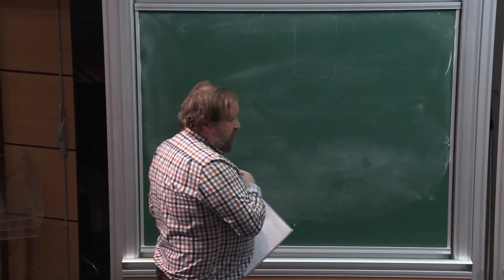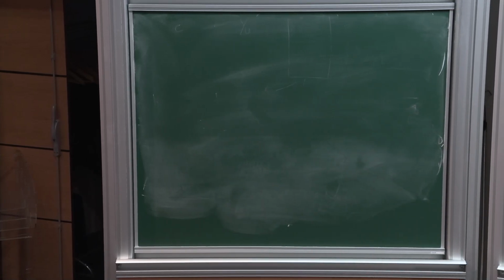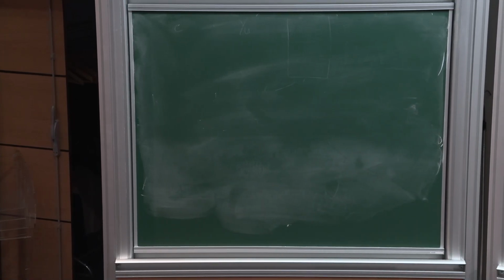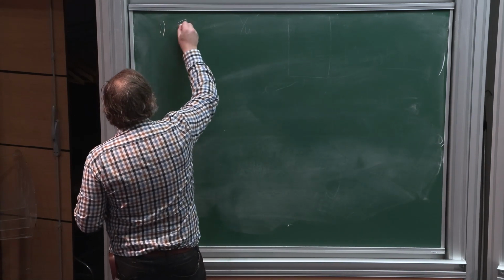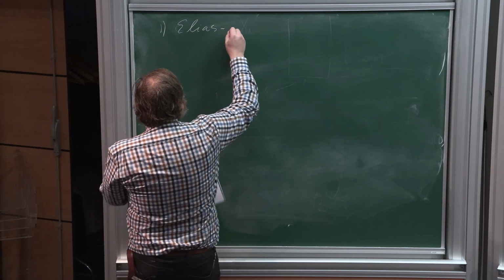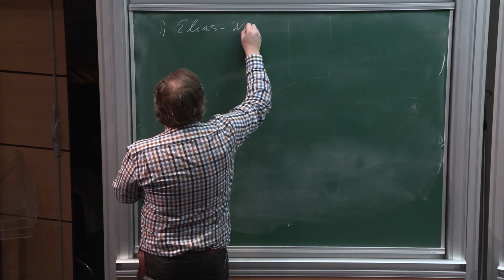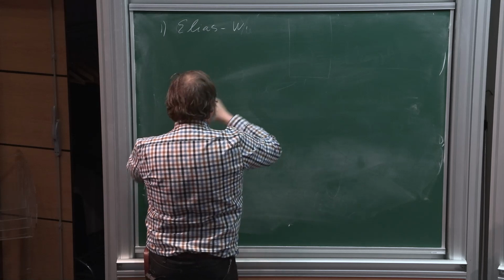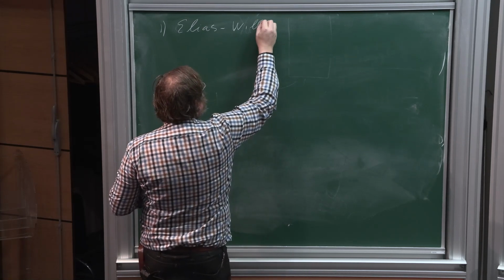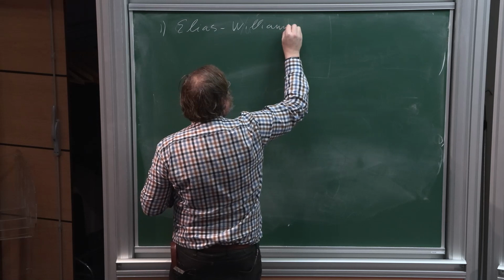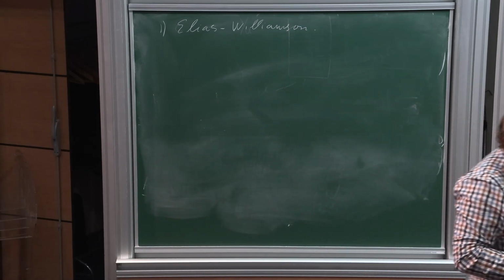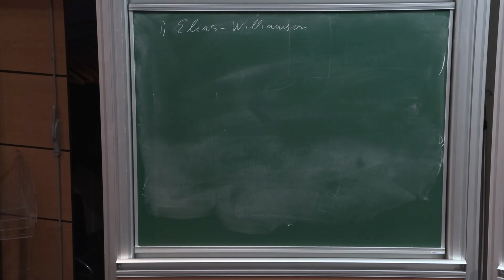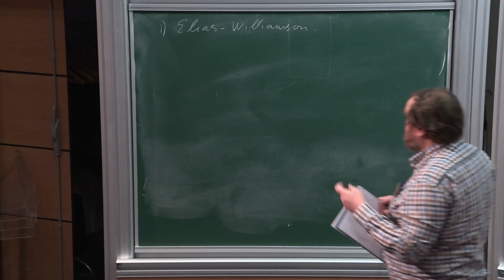One context is the work of Elias and Williamson. They construct, using these graphs, intertwiners between products of Soergel bimodules. And this is just the same thing.